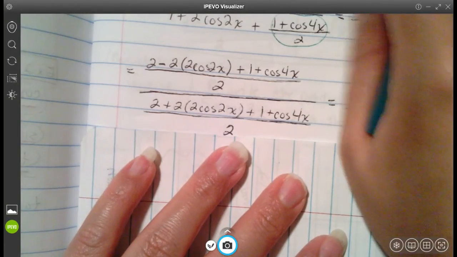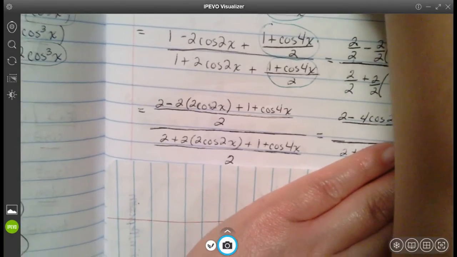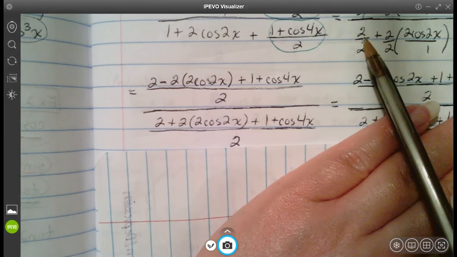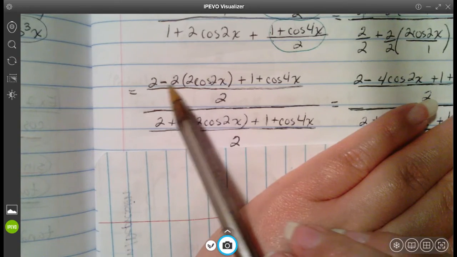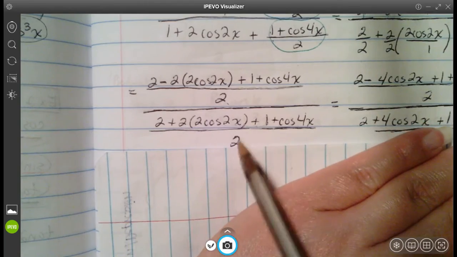So all those 2's that we were just looking at, so we can get it all in the same shot here. Well, all the 2's that were here, so the 2 here, 2 there, we went ahead and did all the top parts. So now we have the numerator all over 2. Same thing on the bottom, the numerator all over 2.